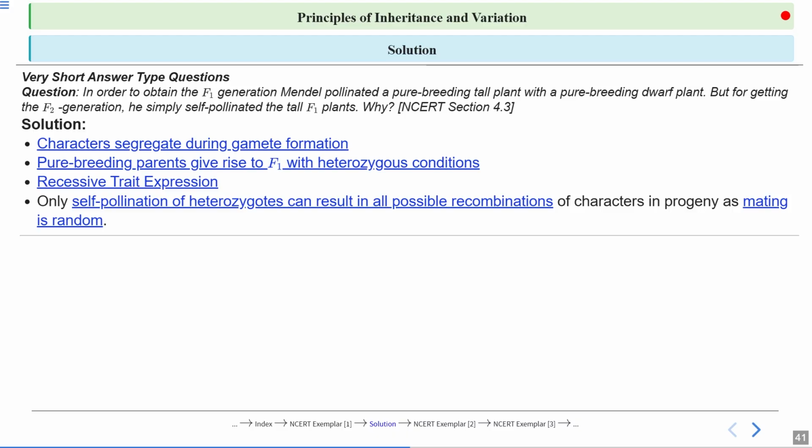So Mendel wanted to study the different recombinations of the characters, and that can only be observed when the F1 generation is self-pollinated.